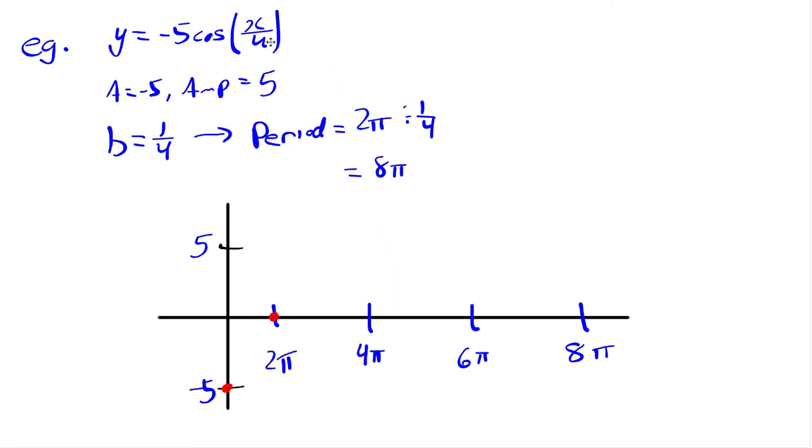At 4 pi, I get 4 pi divided by 4, which is pi. Cosine of pi is negative 1. Negative 1 times negative 5 is 5. And then we can keep doing this. We can plug these values into the function, but notice this graph looks very similar to what I did before.